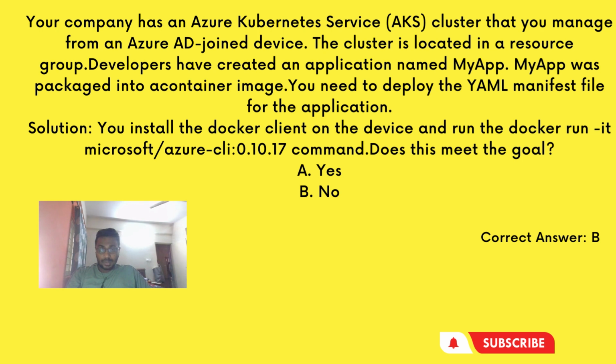Does it meet the goal? No, the answer is no, because this is not the way to manage an AD-joined deployment. Myapp was packaged in a container and you want to deploy the YAML manifest, so this is the wrong process. You cannot follow this.